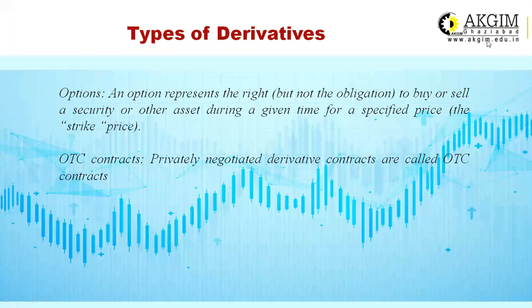Now the next derivative is the OTC contract, which is a privately negotiated derivative contract. This is known by another name, that is over the counter, and these are traded directly between the respective parties. These contracts are made on the basis of the requirements of the parties.